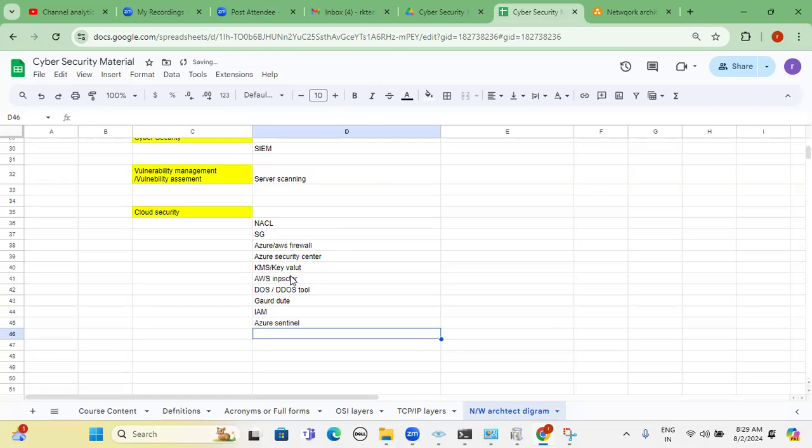So there are so many services. I have given a mixture of both Amazon Web Services and Azure.